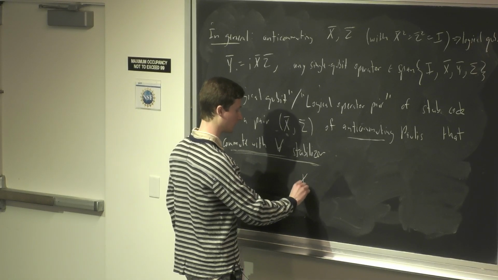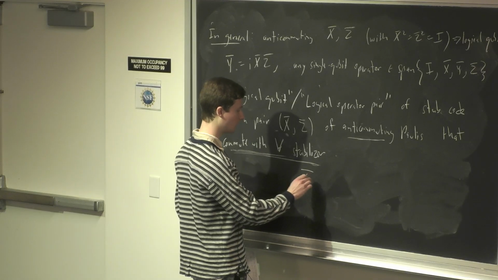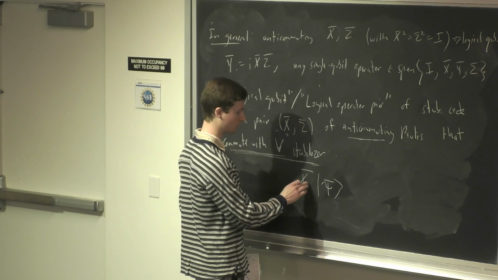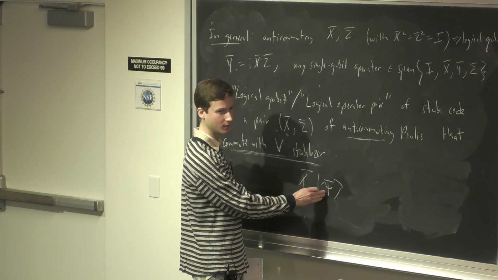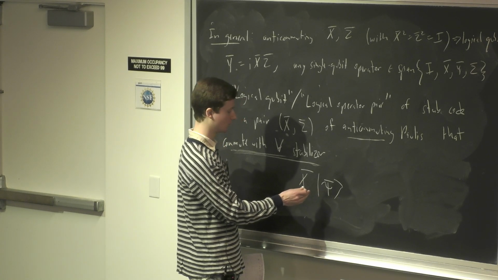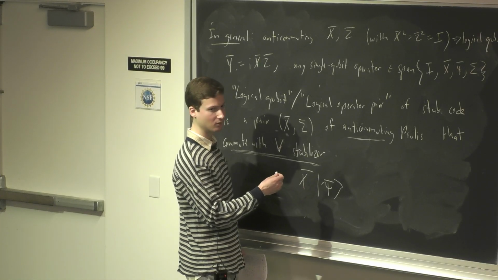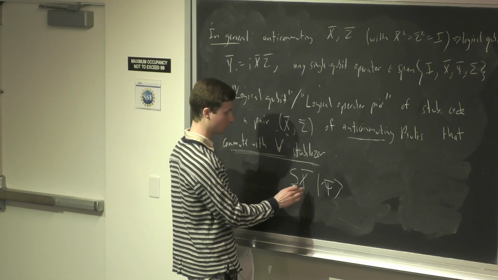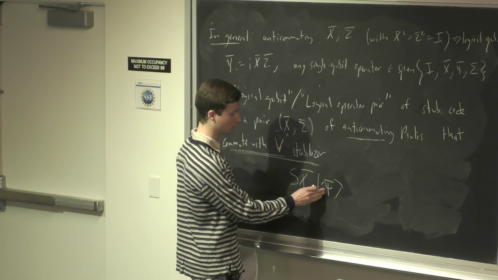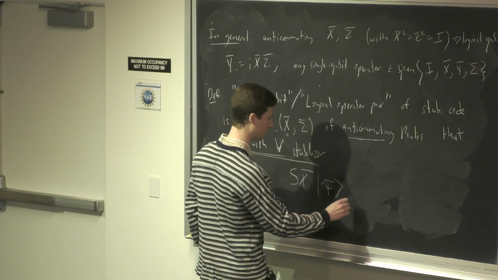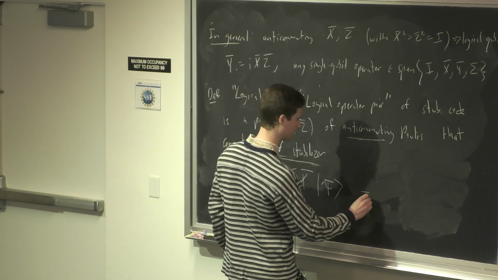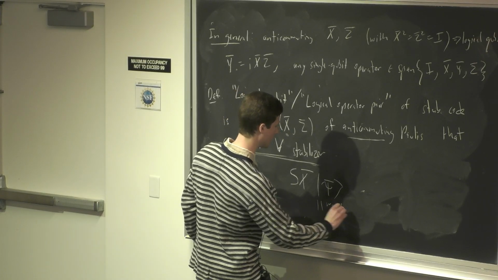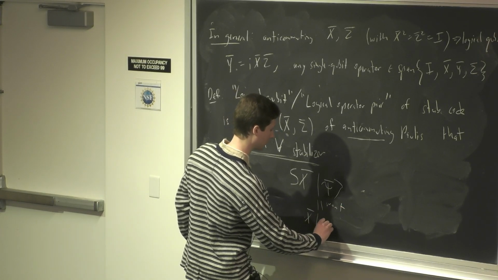Say we have logical x bar, and it commutes with all the stabilizers. Then we want to show it preserves the code space. So we want to show that logical x bar times any code state is itself a code state. What does it mean to be a code state? It means that we're preserved by stabilizers. So we want to show that any stabilizer times x bar times psi bar equals just x bar times psi bar.